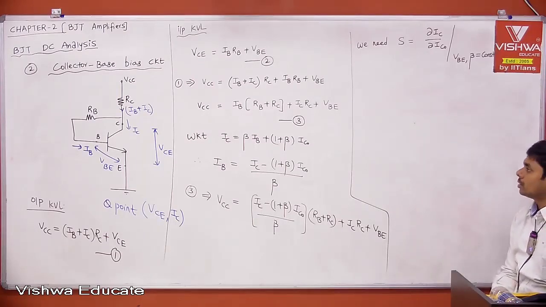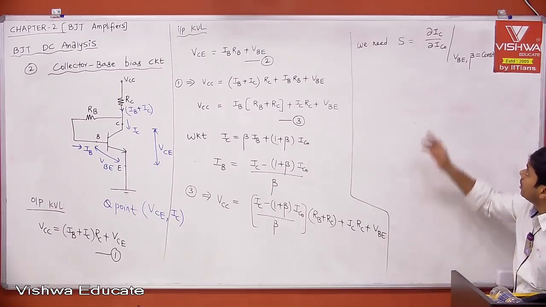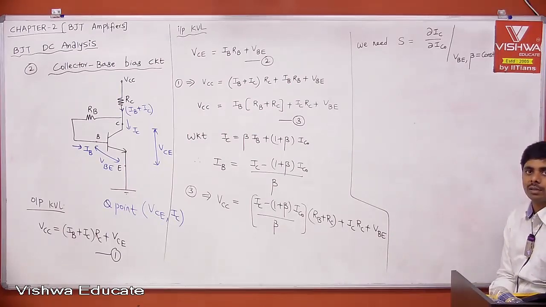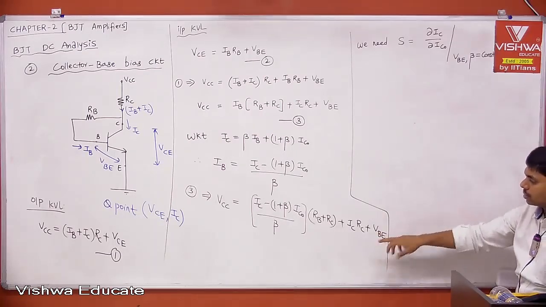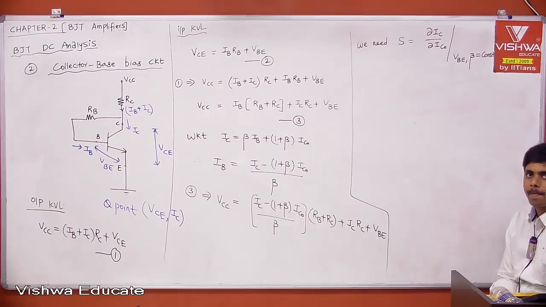Try to take these equations and derive, and then tell me what the stability factor is. I will not derive. You have to derive. This is simply mathematical analysis, right? And we want to know what the stability factor is here.